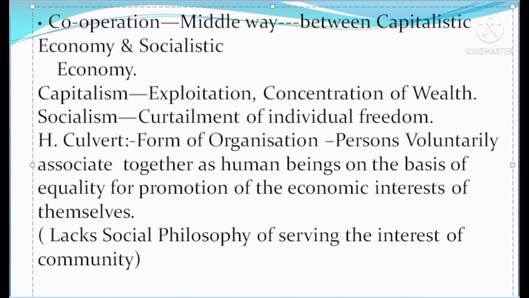He makes 2-3 points clear here: it is a group of persons, not an individual; it is on a voluntary basis, there is no compulsion; there is equality; there are economic interests. Though this definition is widely accepted, it lacks the social philosophy of serving the interests of the community in general.